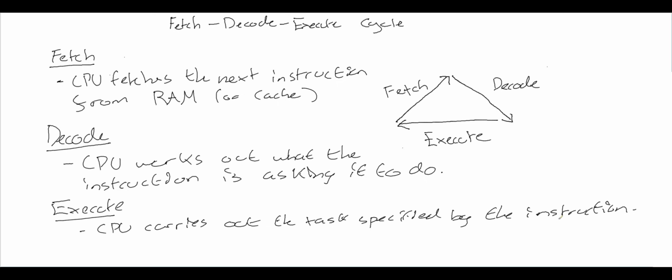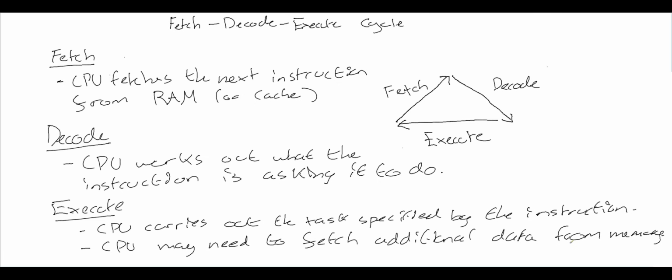So this part could involve reading or writing to or from main memory. And if the instruction requires the CPU to fetch additional data from main memory, then that data will be fetched from main memory before the CPU carries out the instruction. So the CPU may need to fetch additional data from memory.